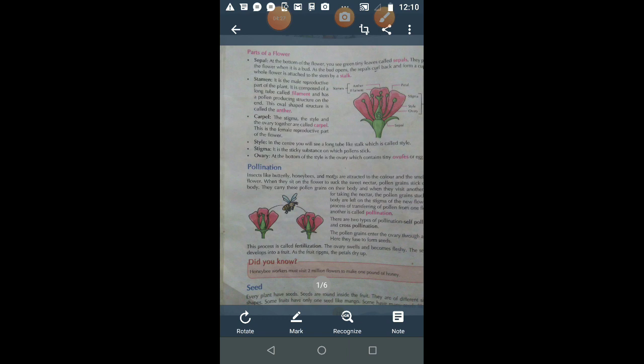And again I repeat the same thing which I told you in my earlier videos also, especially when you are studying science. The best method of understanding things is that you make a diagram. This is the best method to understand things.